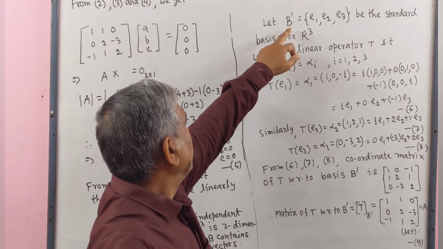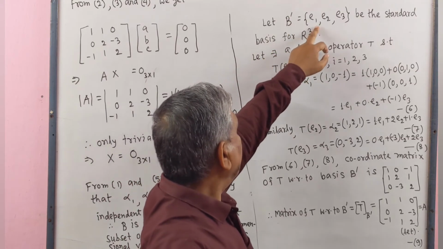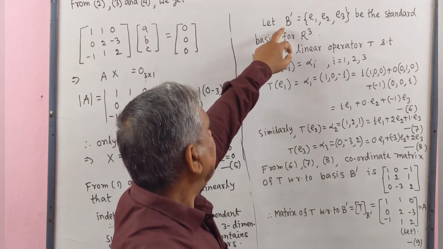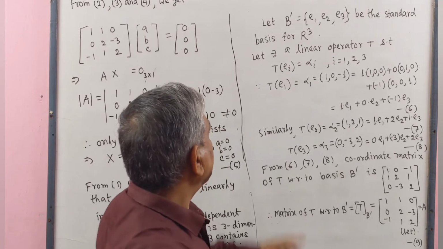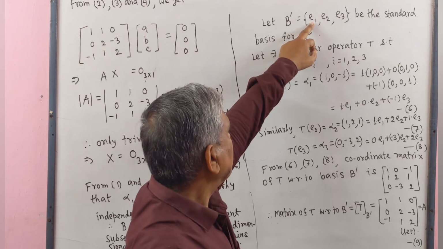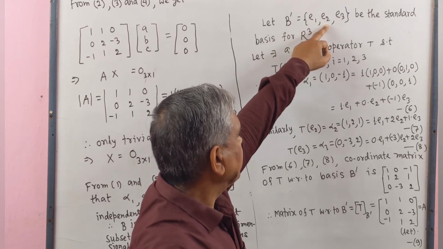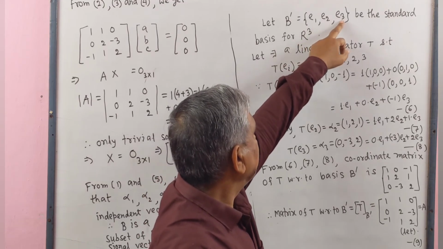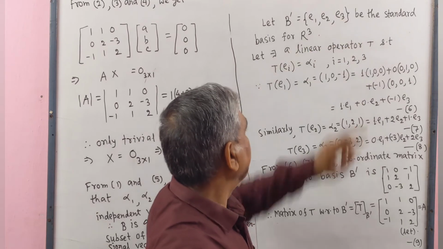Let the set B prime contain elements E1, E2, E3 and B prime be the standard basis for R cube. That is E1 equal to the ordered triplet (1, 0, 0), E2 equal to (0, 1, 0), E3 equal to (0, 0, 1).